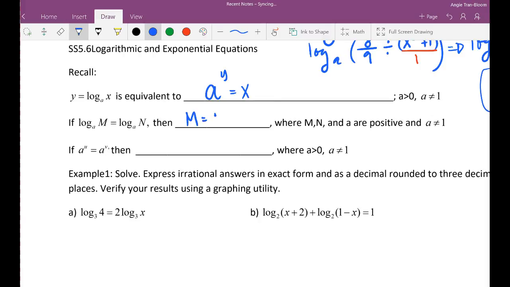Same. The same for it to be equivalent. If a to the power of u is identical to a to the power of v, okay? Amber, what do you think about u and v? Would you agree? Yes, because the bases are identical. Okay, we're going to use these very, very soon.